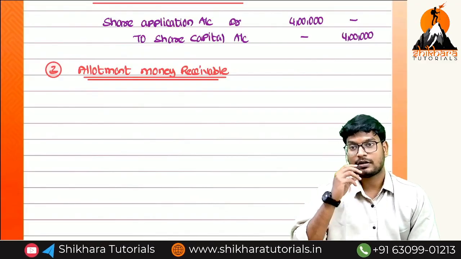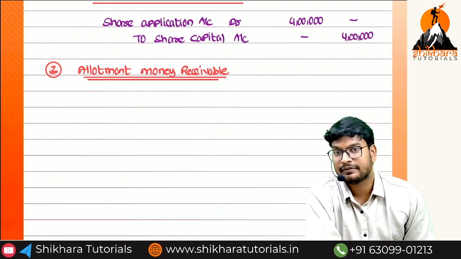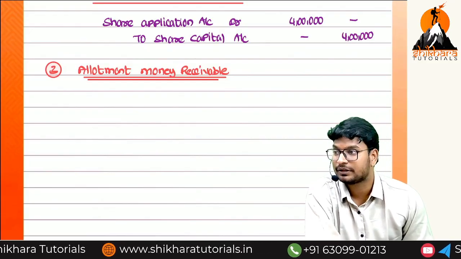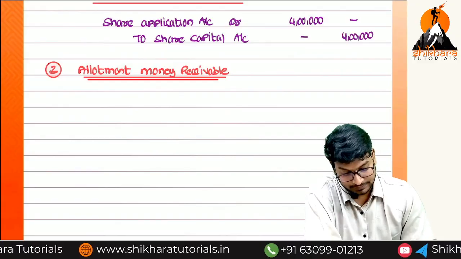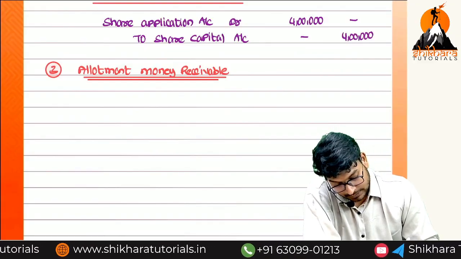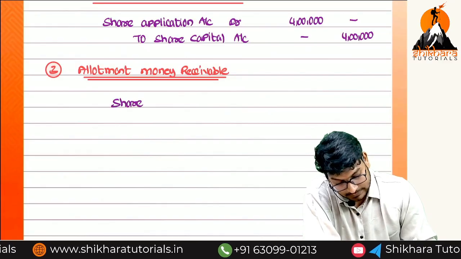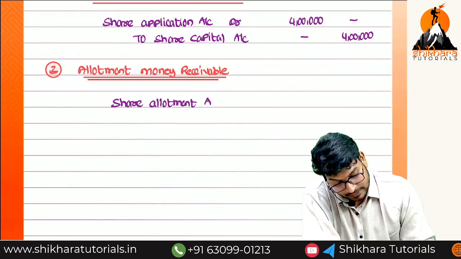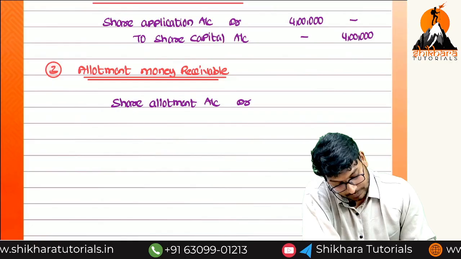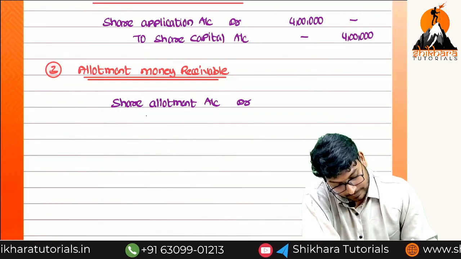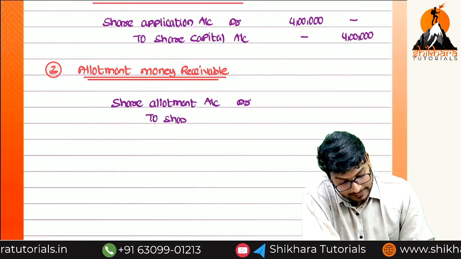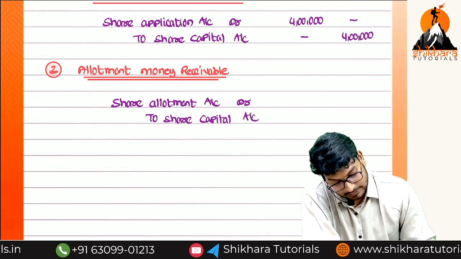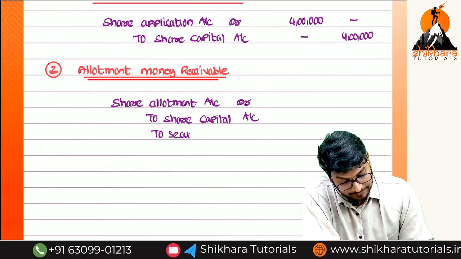So always we have to credit the share capital with the face value, and the premium amount we have to transfer to securities premium. So please be very careful. Share allotment account debited to share capital account and to securities premium.